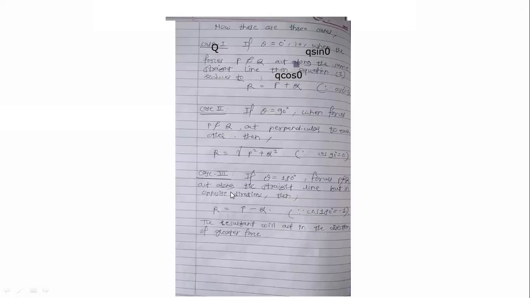After that, the next one is the three cases. Case one: if your theta is equal to 0, then cos of 0 will be equal to 1, because in the previous formula you put cos of 0 equal to 1.